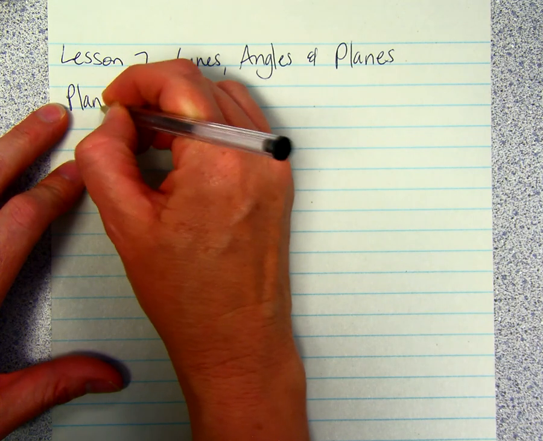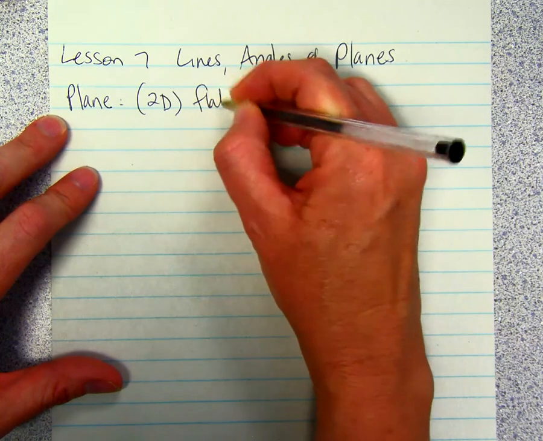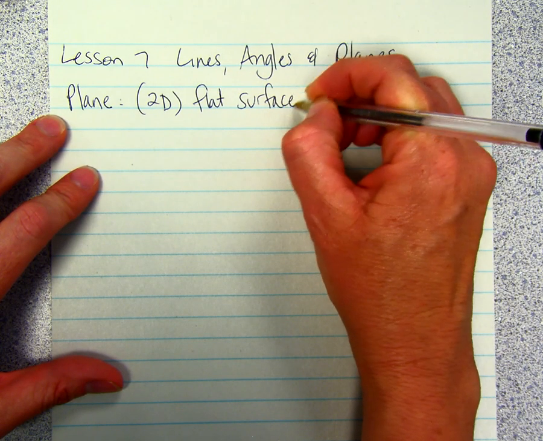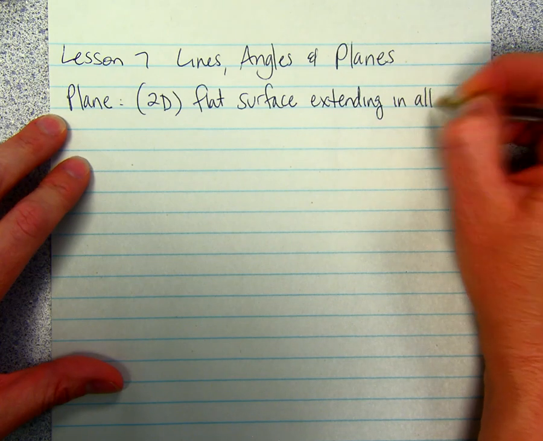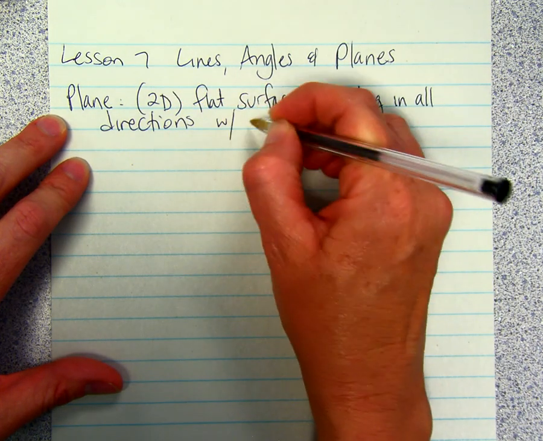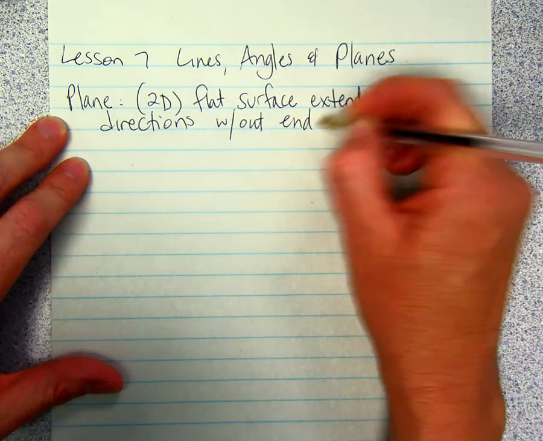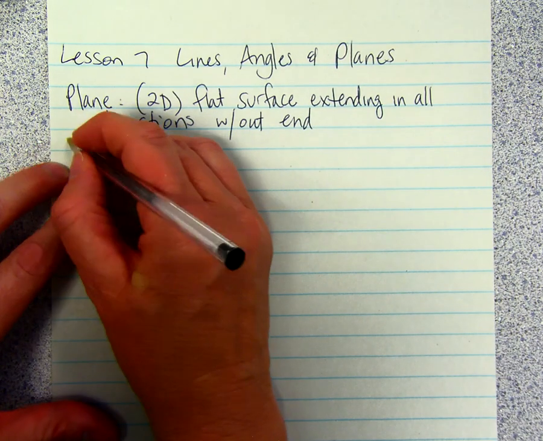A plane is two-dimensional. It's a flat surface extending in all directions without end. This w/out just means without.